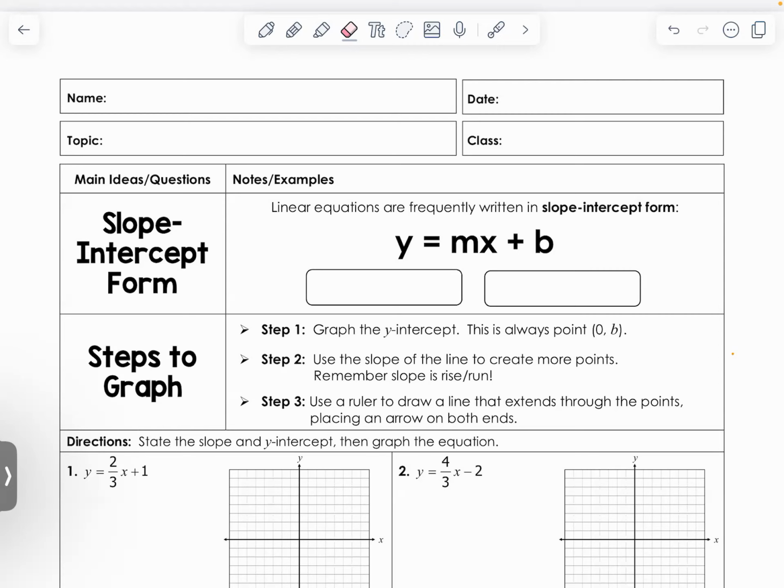All right, party people. Do you remember last week when I said, hey, graph this line? And you had to plug in a bunch of X's to get the Y's, and then you had to plot them.